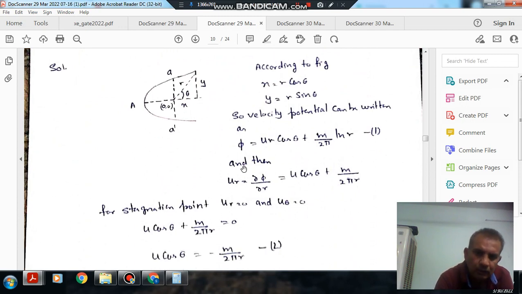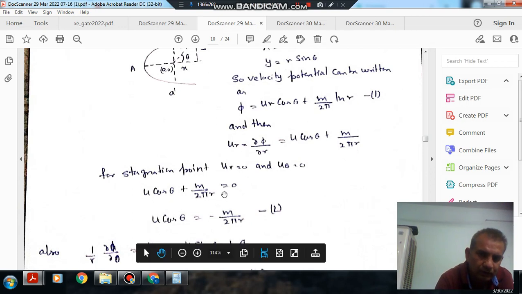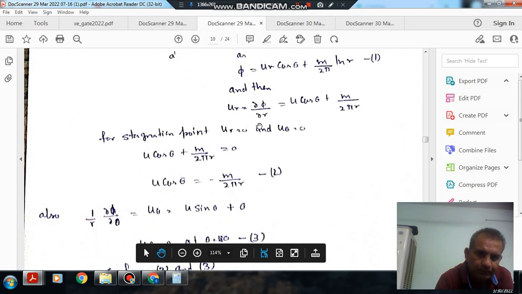Now the velocity in the radial direction can be found by differentiating phi with respect to r. So it will be U cos theta plus m by 2 pi, and the differentiation of ln r is 1 by r. Now for the stagnation point, u_r should be equal to 0. So putting u_r equal to 0, it means we are putting this quantity as 0.